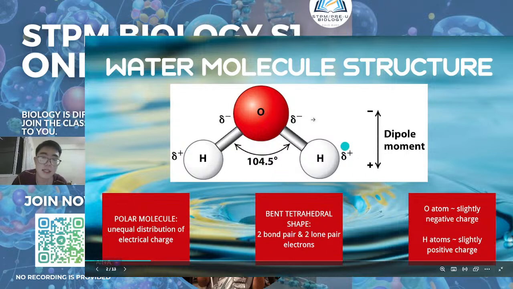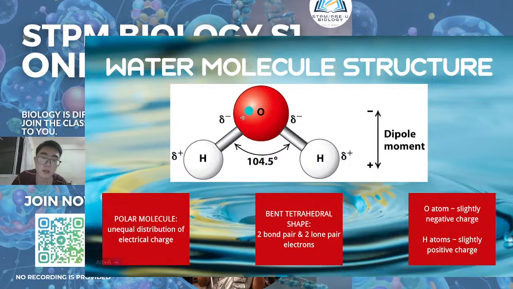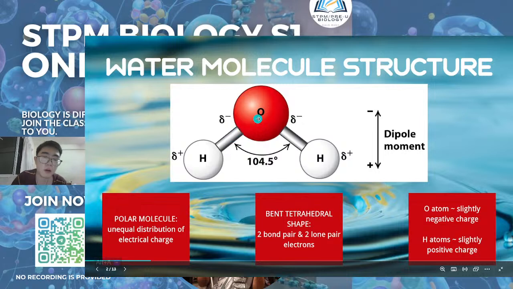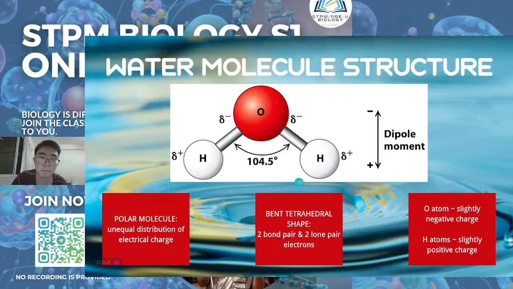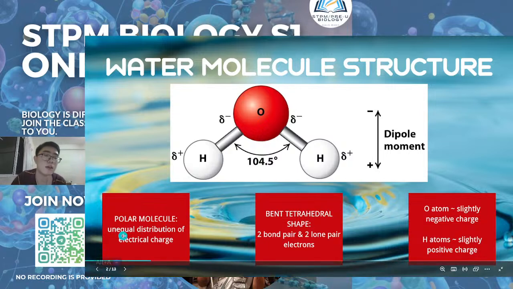If you see this, oxygen actually contributes two lone pair electrons, so there are two lone pairs there. And there are two bond pairs because the oxygen atom is bonded with hydrogen atoms. Also, water is a polar molecule. Why is it a polar molecule? Because there is unequal distribution of electrical charge.